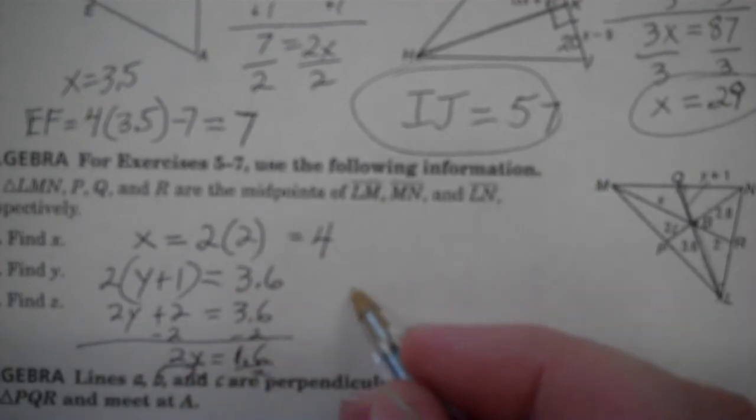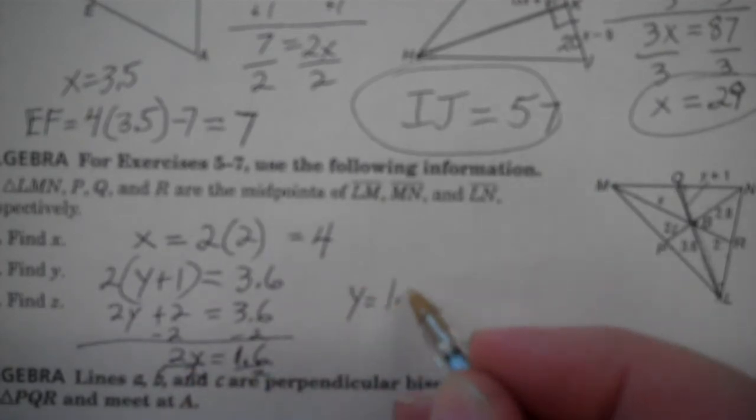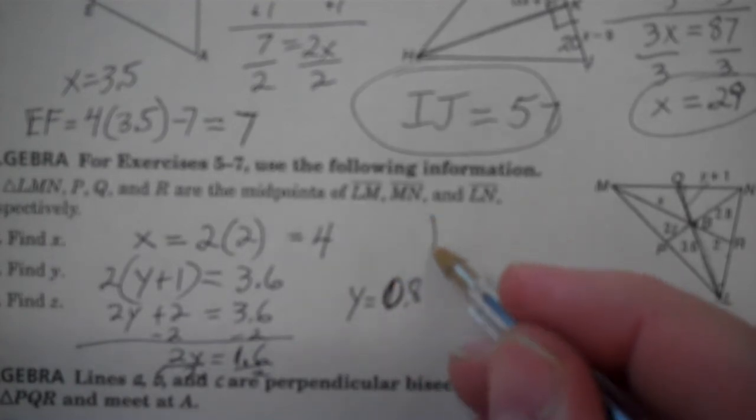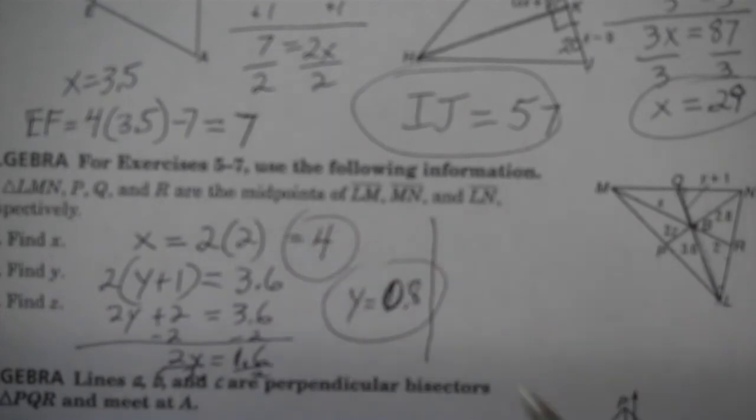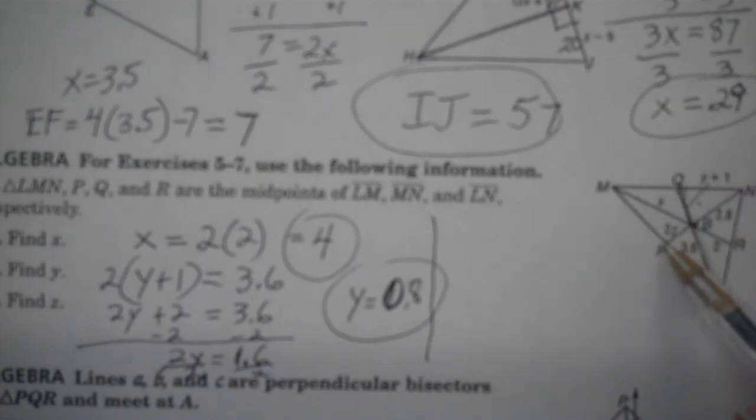And then when I divide by 2, I got y equal to 0.8. Okay, there's X is 4, Y is 0.8, and then the last thing is to find Z.